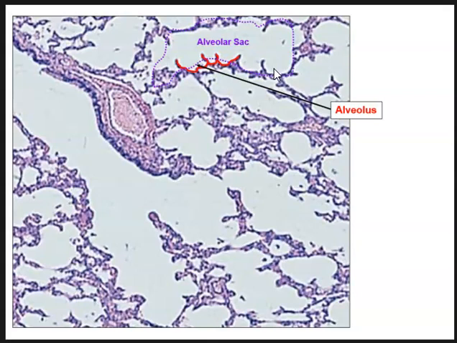If you can remember the type of simple epithelium, of course it's very important because you need to know that that type of epithelium actually encourages gas exchange from the alveoli to the red blood cells within the capillaries.